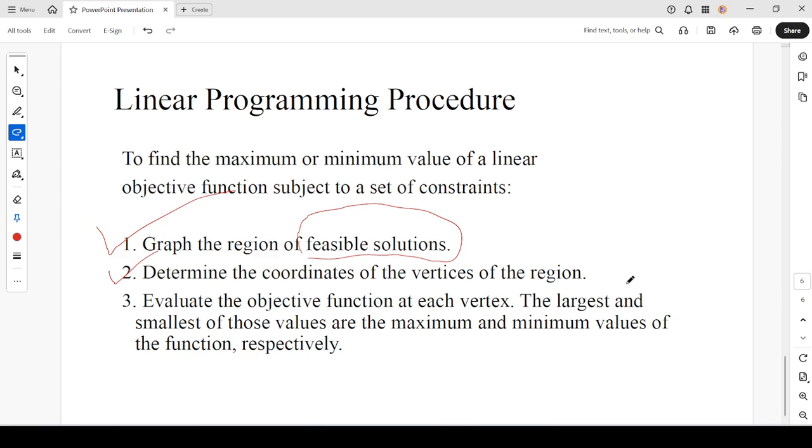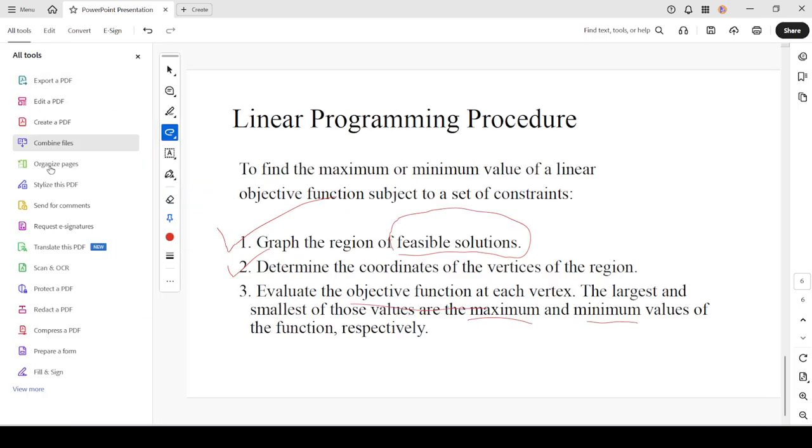Wherever the objective function is maximum at those coordinates, if the feasible region is bounded, that's where you get the maximum value. And wherever the objective function is minimum at those coordinates, that is your minimum value. That's how you solve the problem.